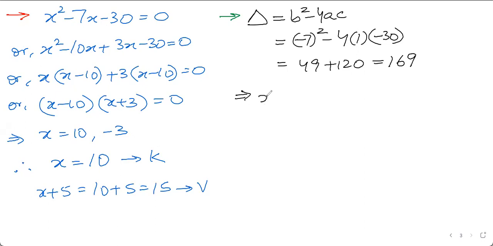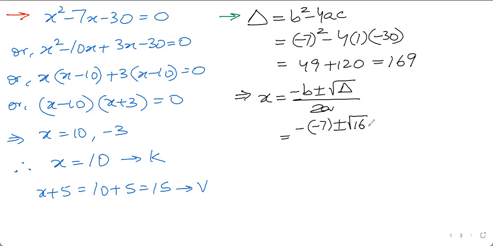Then x will be equal to minus b plus or minus square root of delta by 2a, which becomes minus of minus 7 plus or minus square root of 169 by 2 into 1 is 2. So it becomes plus 7.